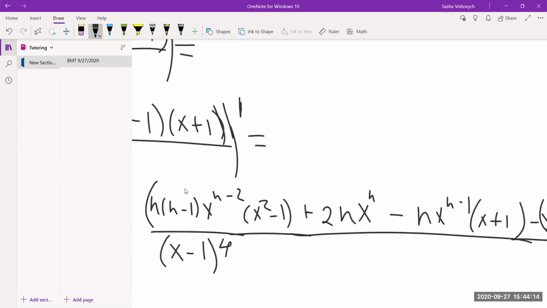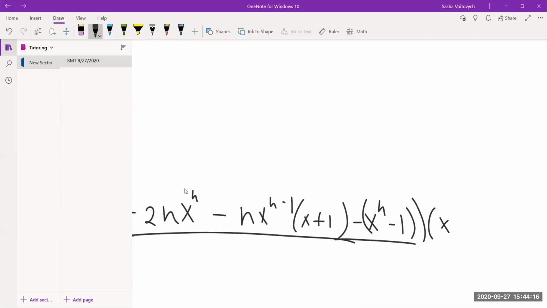All right, so this we have to multiply by (x - 1) squared.